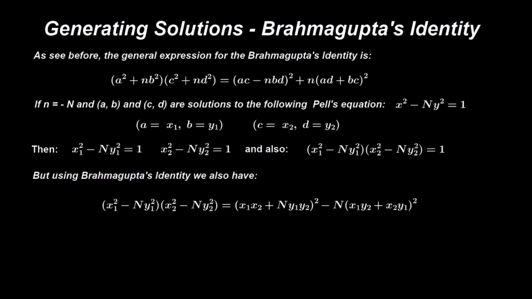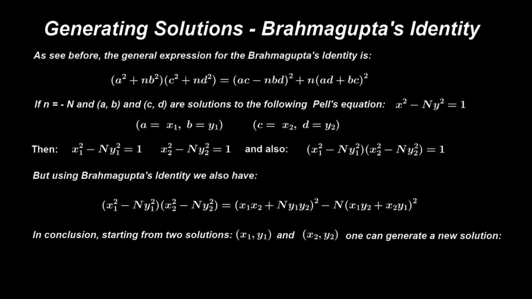Let's consider that one solution to a given Pell's equation is known. This solution is usually called the fundamental solution. You should be, by now, familiar with Brahmagupta's identity. If not, see the previous few videos which cover this topic in detail.